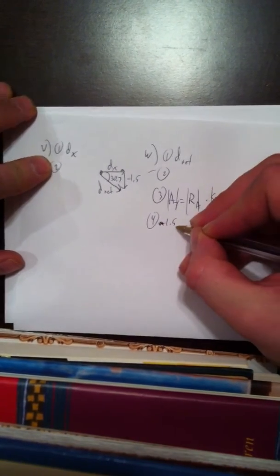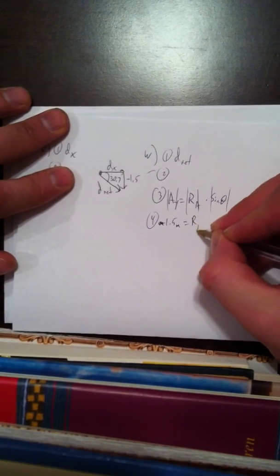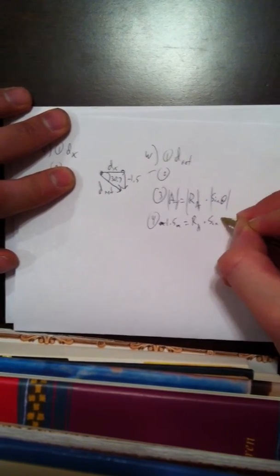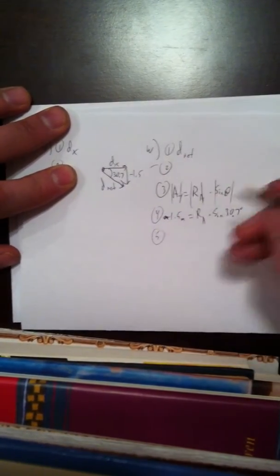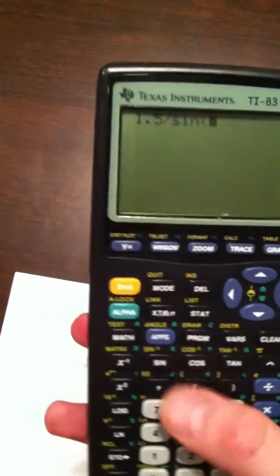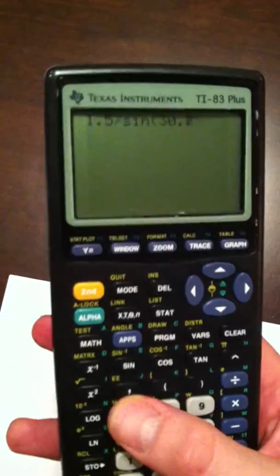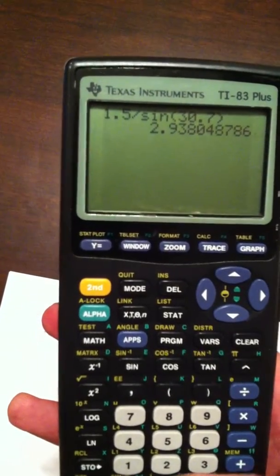So we're going to make that positive 1.5 meters, and this will be our Rd, what we're solving for, times sine 30.7 degrees. Step 5, we'll do 1.5 divided by sine 30.7, and we get 2.9.